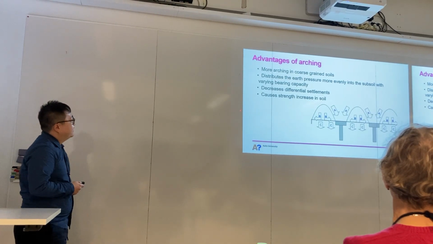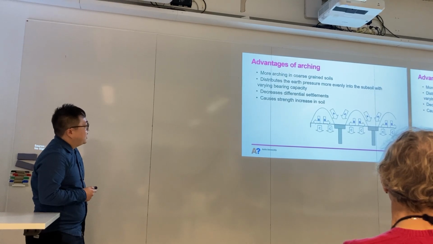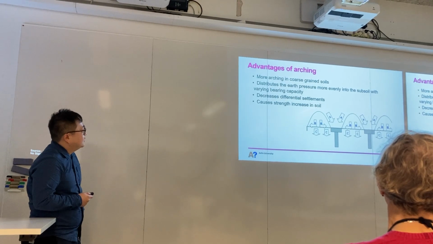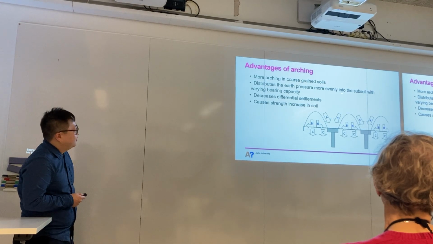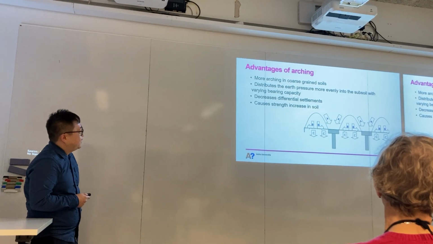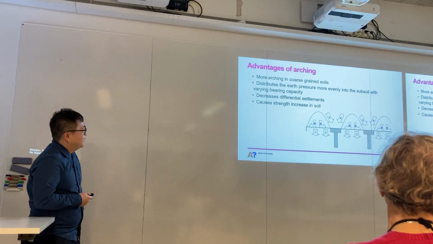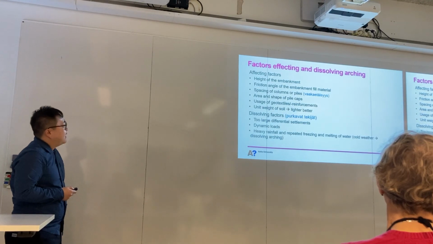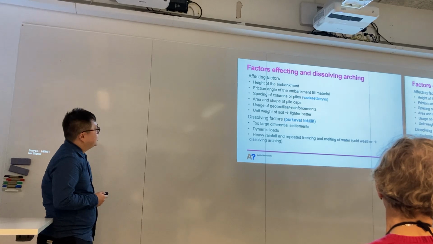As mentioned, here are the advantages of arching. More arching happens in coarse-grained soils, and it can distribute the earth pressure more evenly into the subsoil with varying capacity, and it can decrease the settlement and increase the stress. Here are some factors affecting or dissolving the arching.